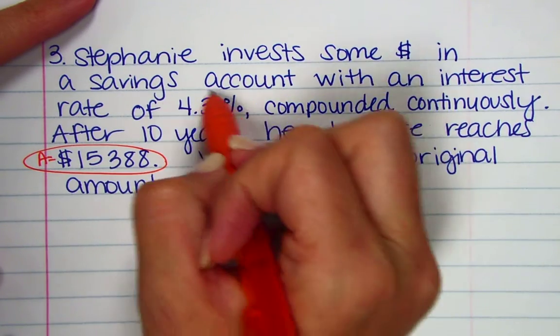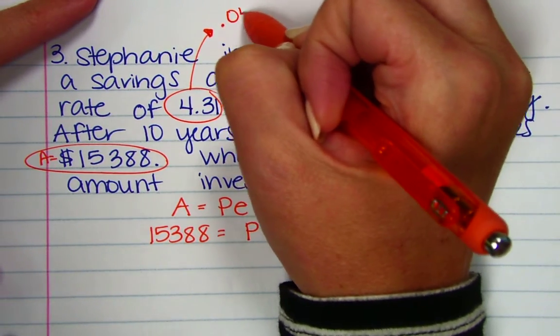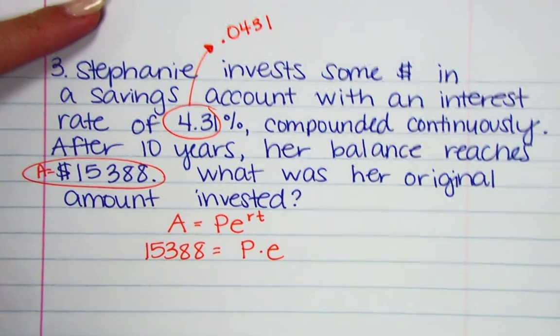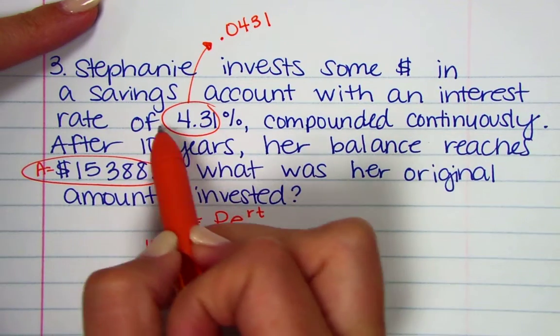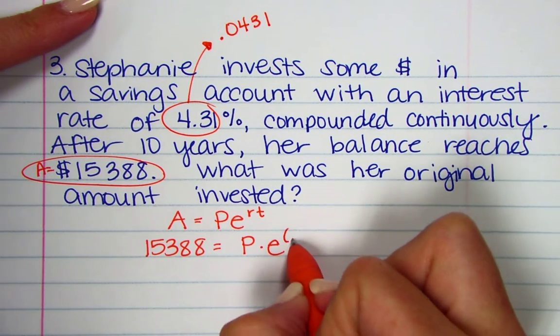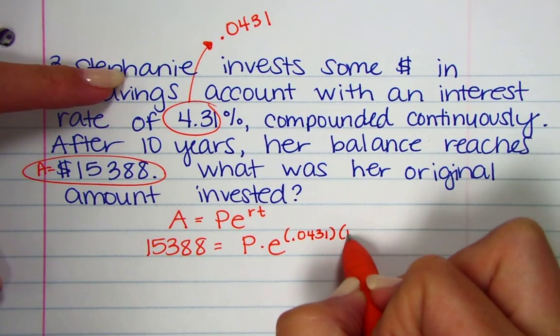The rate on this one, again, don't make a silly mistake, is 0.0431. It doesn't really matter how many numbers there are. Just move the decimal place back 2. So it's 0.0431 times 10.